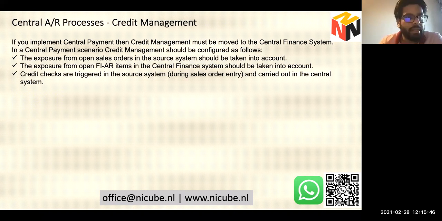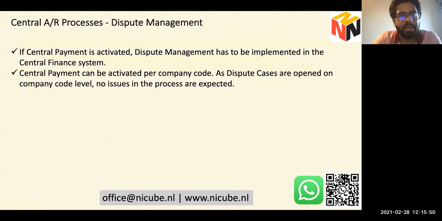Same as dispute management. It has to be in S/4 because now you don't have any open item in ECC. You cannot have a dispute, you cannot see the background. So once central payment is active, no issues in the process are expected.